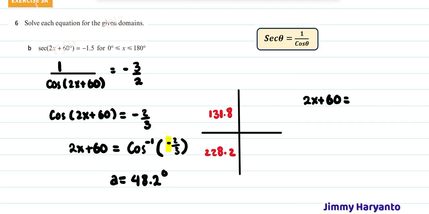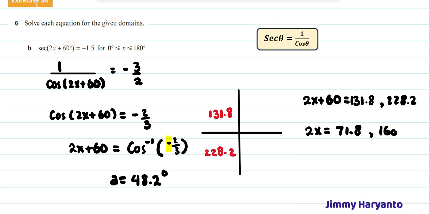2x plus 60 equals 131.8, 228.2. And then I'll move the 60 to the other side. That means these are 71.8, 168.2.